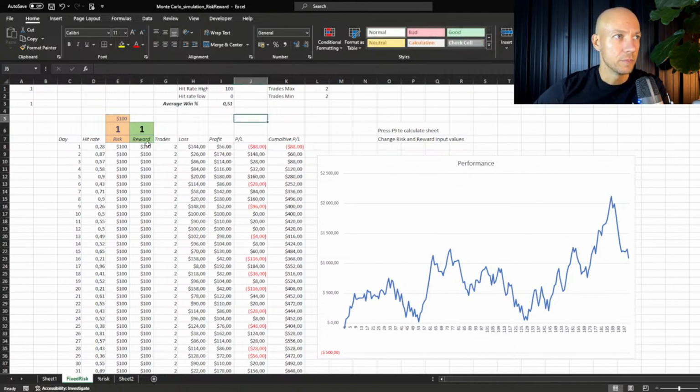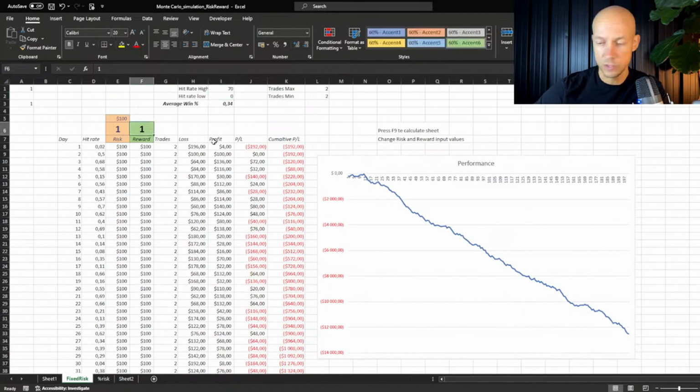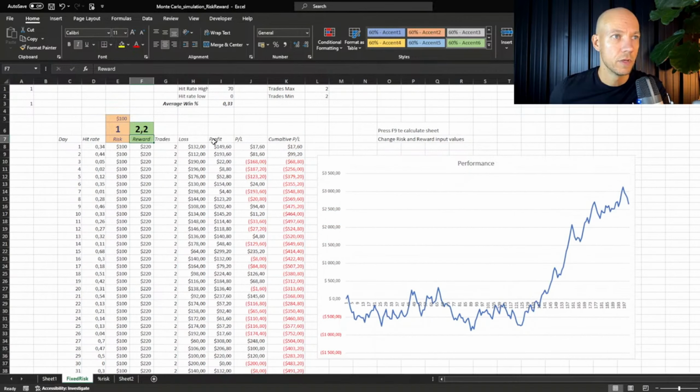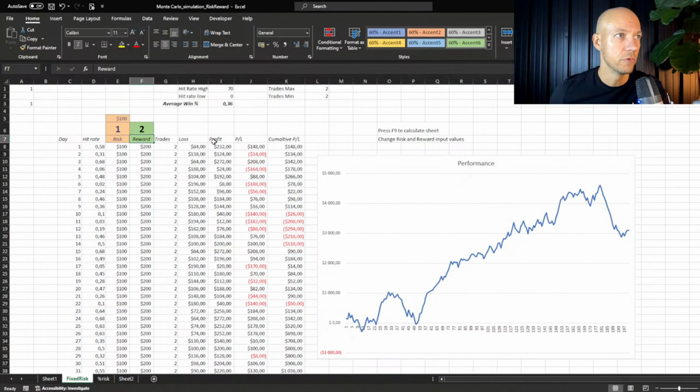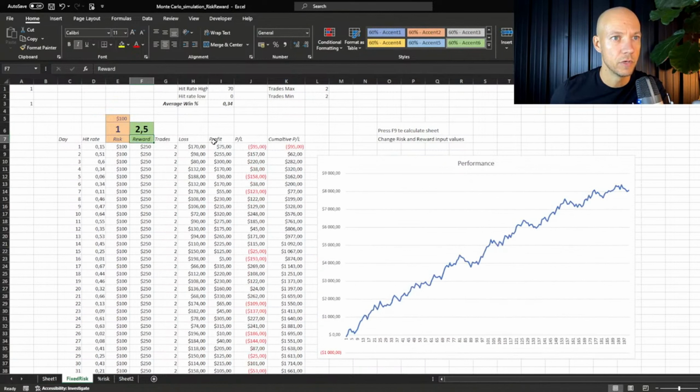All right, so I want to show you guys, if you make the win percentage less, like an average of 34%, and you make this 2.5 reward, you have a nice equity curve.